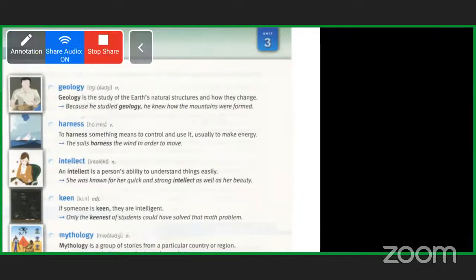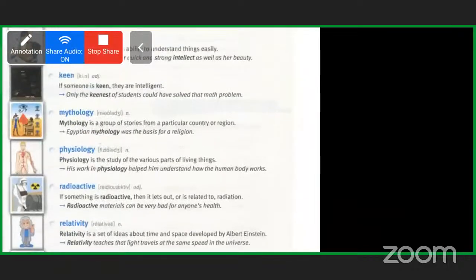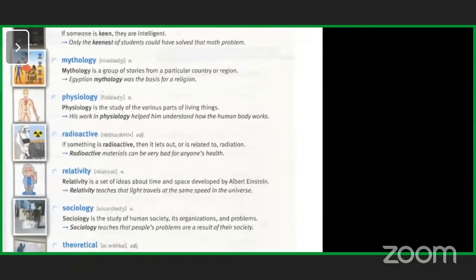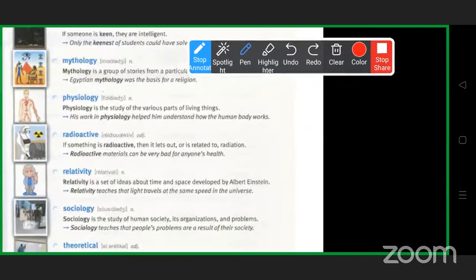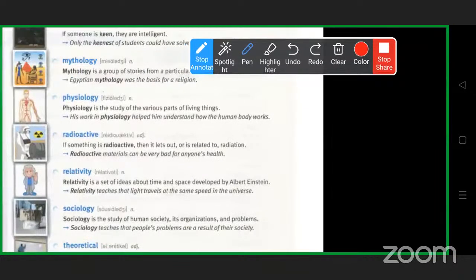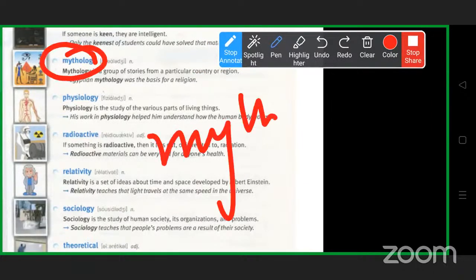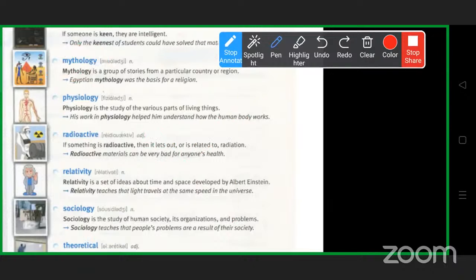Next words, let's talk about them now. After keen, any word which ends with logy would be the study of something. What is mythology?